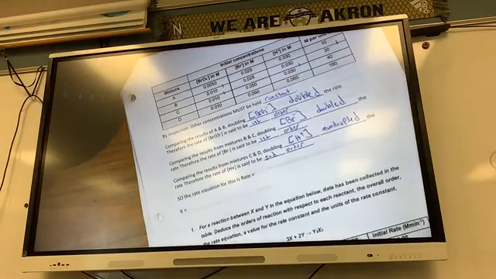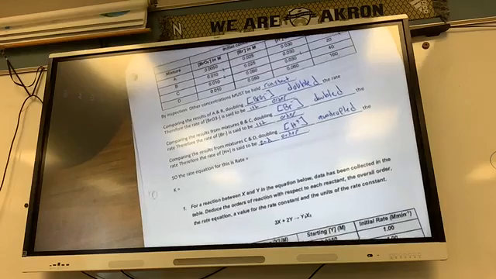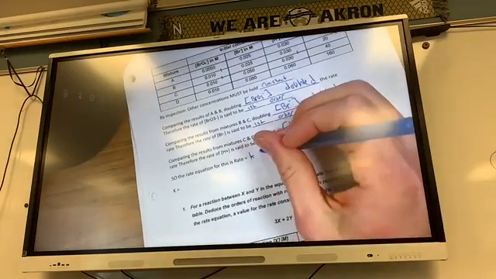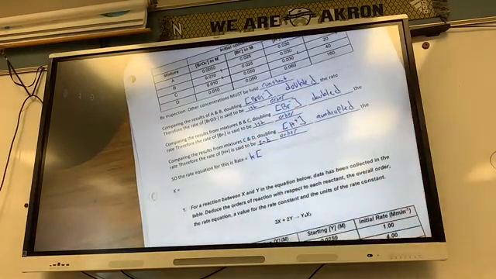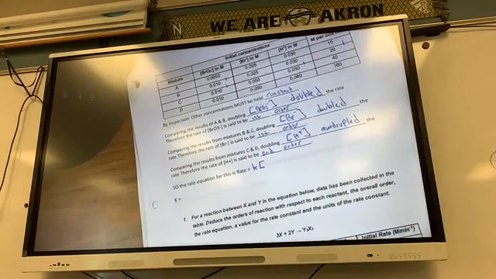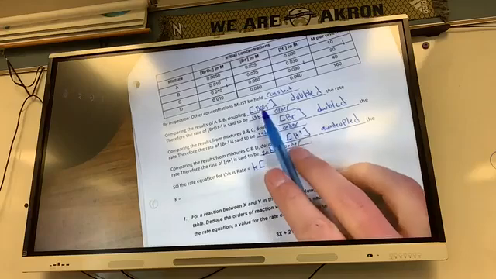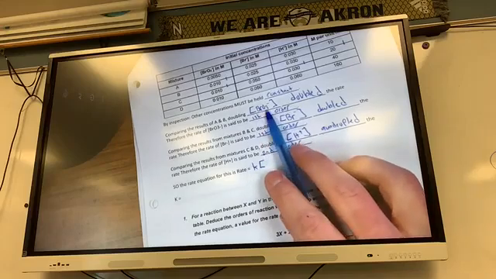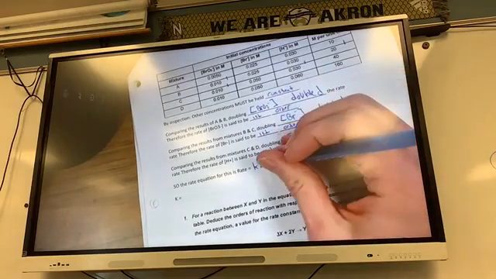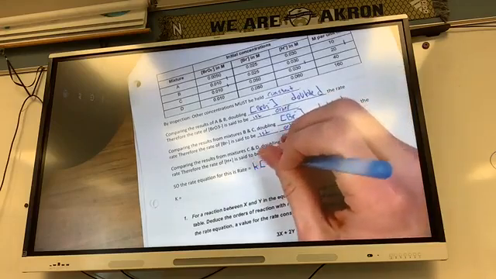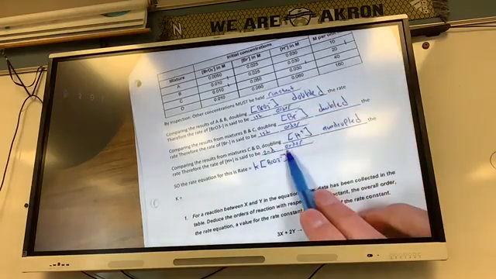So, the rate equation for this would be rate equals K times the concentration of what? We're actually putting in things now. BrO3 minus, that's first order, so is it going to have an exponent?